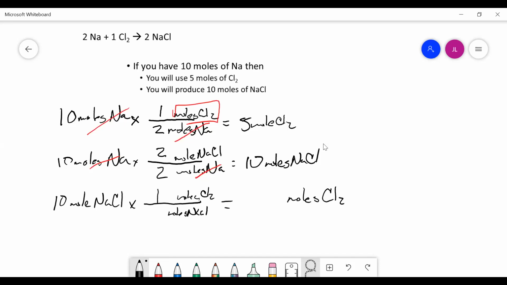We have 1 mole of chlorine, because that's what's in our coefficient, and 2 moles of NaCl. These cancel out, leaving us with moles chlorine. 10 times 1 divided by 2 gives me 5 moles of chlorine. In this case it would be used versus produced.